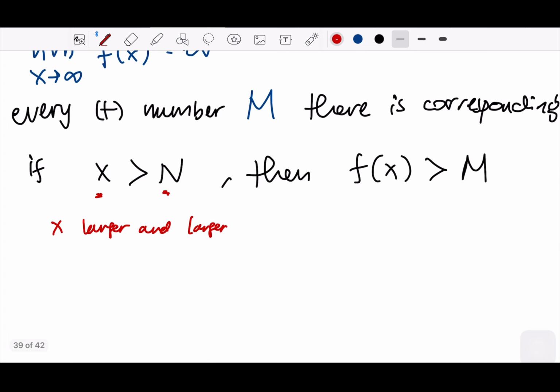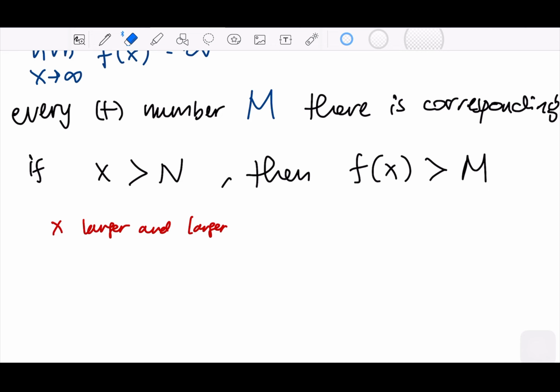Rather, f of x will exceed this m. So the notion is that the curve will always get larger. When x is larger, f of x also gets larger. And we precisely define those large numbers as n and m.